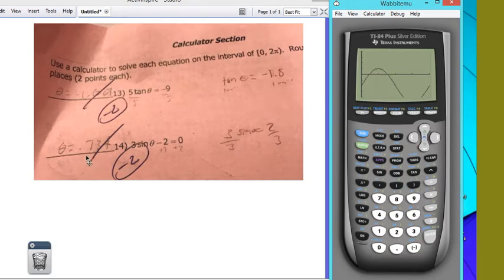Now I noticed some didn't go quite right with your inverse calculation, because if we do the inverse sine of 2 over 3, in fact, let's do that quickly. Inverse sine of 2 divided by 3. We get 0.7297, which is a little bit off here. I don't know if maybe you were using the arrow keys.